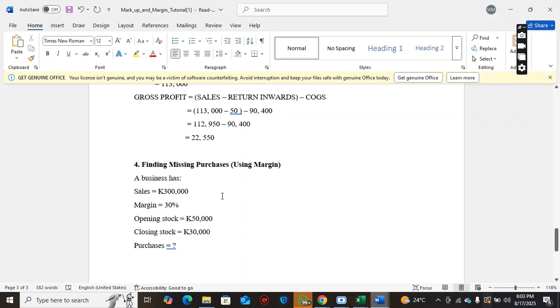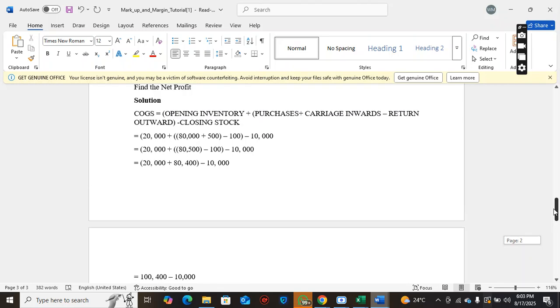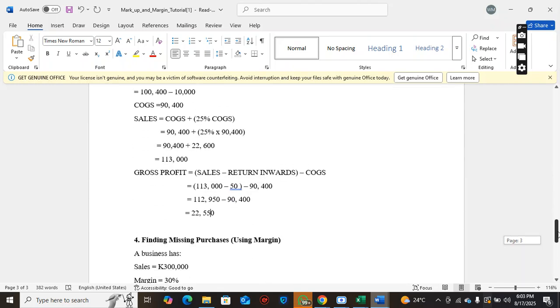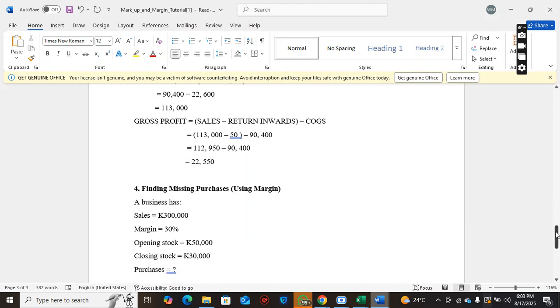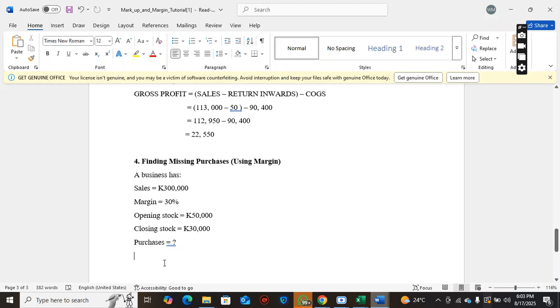Here's a hint. Remember the previous question, how we went from cost of goods sold to gross profit. Here we're now doing the reverse. So first, we need to get our gross profit, because margin is the percentage of sales revenue that is your gross profit.